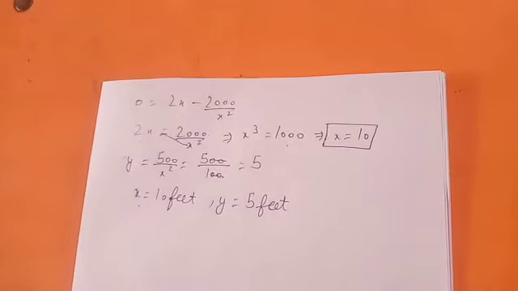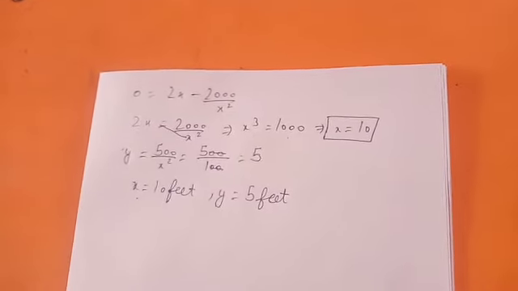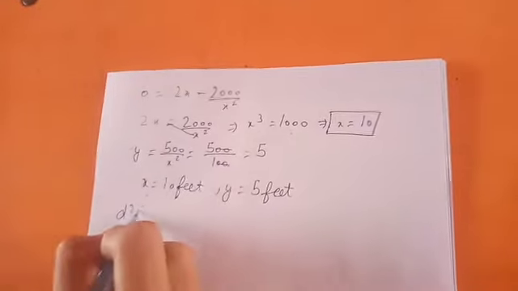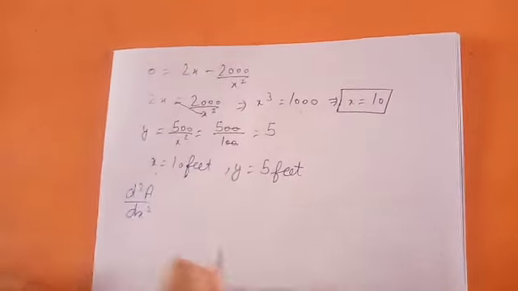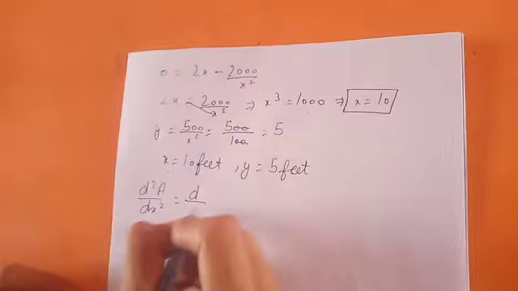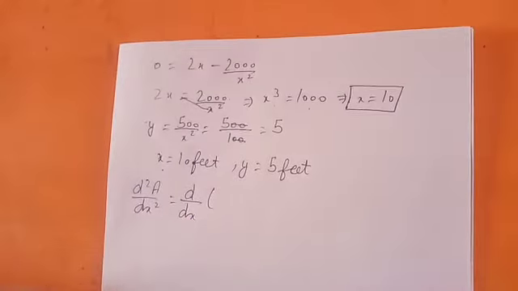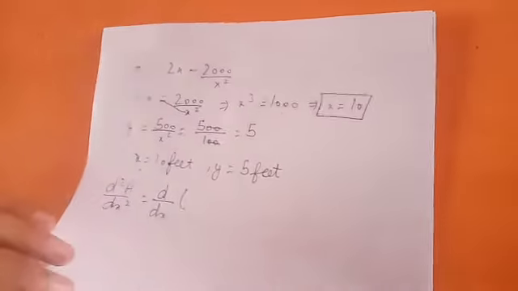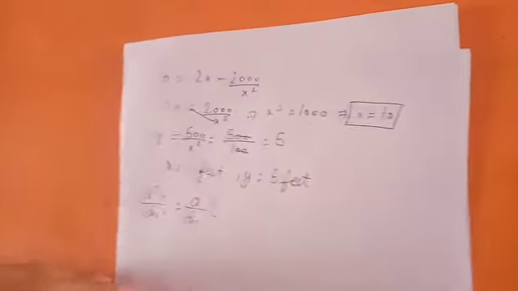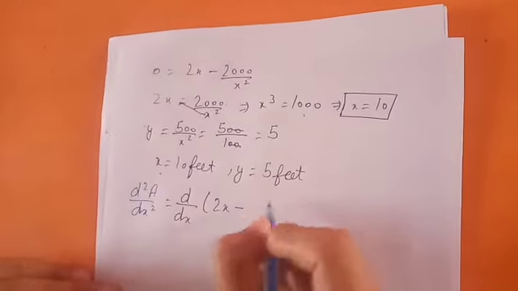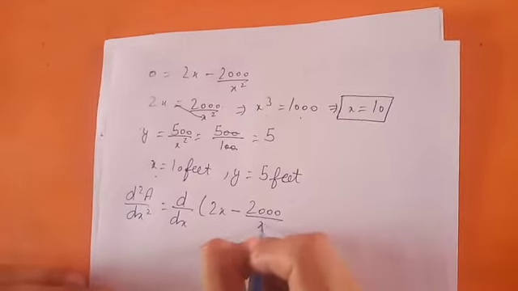To do that, what we have to do? We have to do the double derivative. Double derivative means d square A by dx square. That will be equal to d by dx of our first derivative, and our first derivative was 2x minus 2000 by x square.